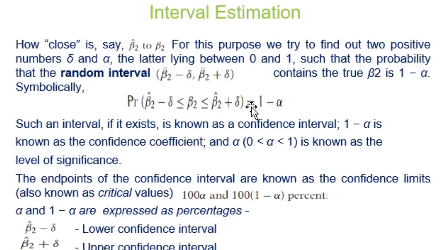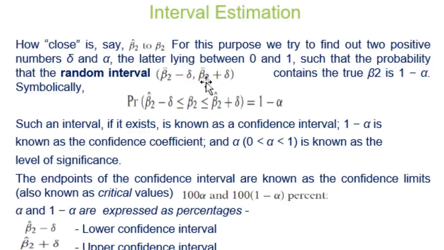This is known as the confidence interval, and 1 minus alpha is known as the confidence coefficient. Alpha, which lies between 0 and 1, is known as the level of significance. Alpha is the level of significance and 1 minus alpha is the confidence coefficient. This is the confidence interval.